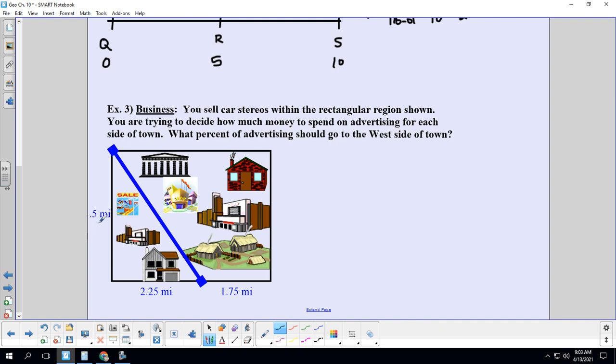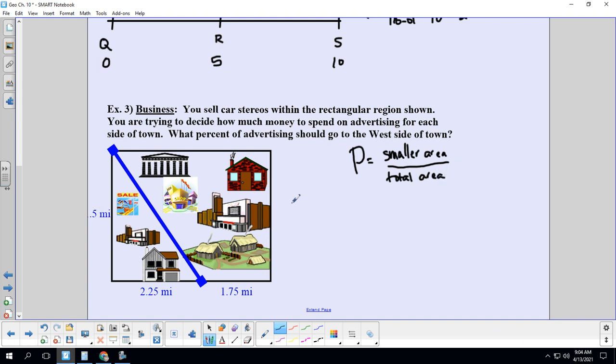West side of town. So we're going to find the area of the whole thing and then the area. So when you get a shape and you're trying to find the probability, you take your smaller area and put it over your total area.